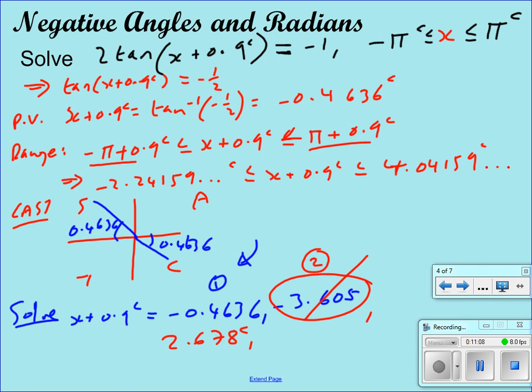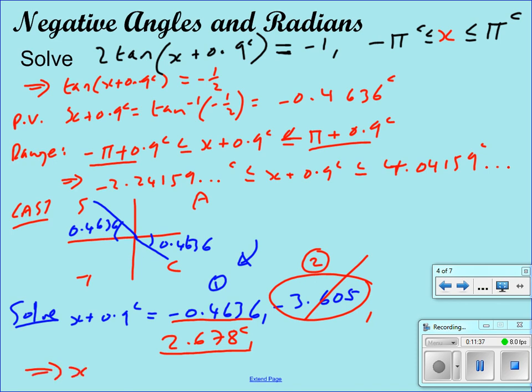And if I plus pi again, I get 5.8195, which is too big. And if I did the same to the second solution, minus 3.605 plus pi, I get minus 0.4636, which is the same as what I started with. And if I keep doing that, you'll see that I get the same as what I started with. Okay, so the only two solutions that fit in our range is this and this.